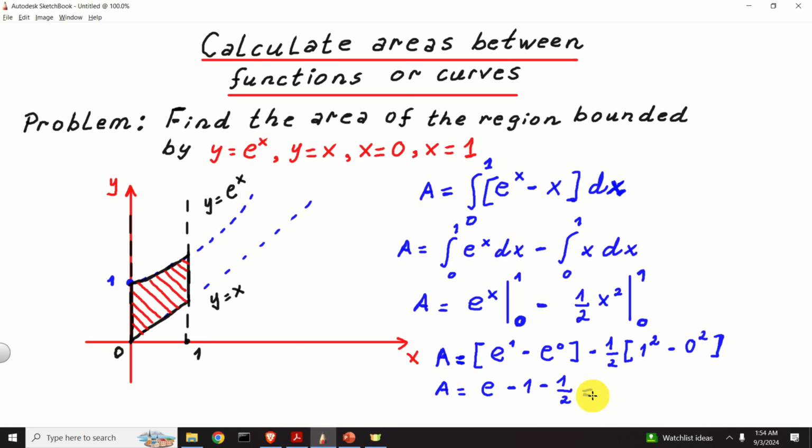Consequently the result is e minus 3 over 2, and that's it. This can also be written as e minus 1.5. Consequently, the area over here is A is equal to e minus 1.5.